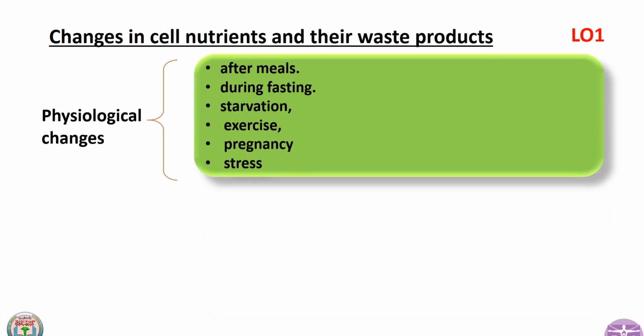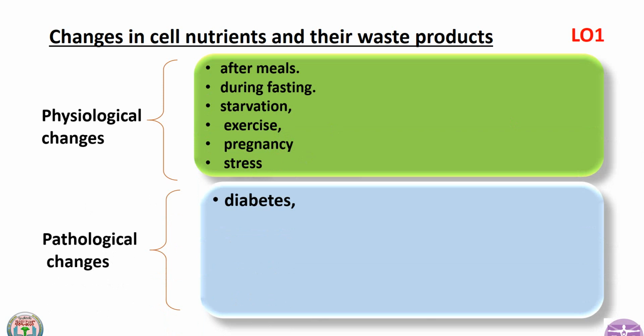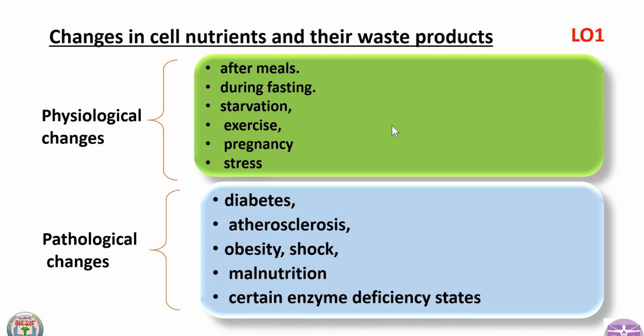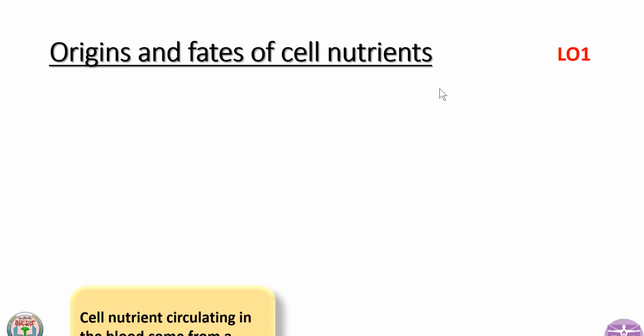Changes in the cell nutrient and their waste product are either physiological changes, which include after meal, during fasting, starvation, exercise, pregnancy, and during stressful condition, or pathological changes, and these include different diseases such as diabetes, atherosclerosis, obesity, shock state, malnutrition, and certain enzyme deficiency. All these conditions will cause pathological changes in the cell nutrient or waste products.